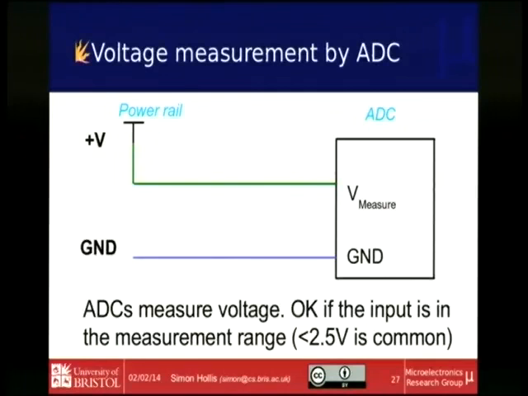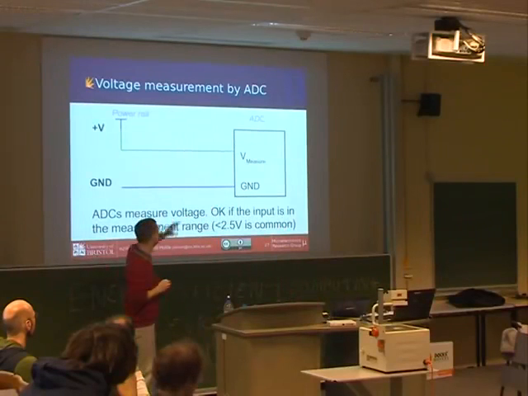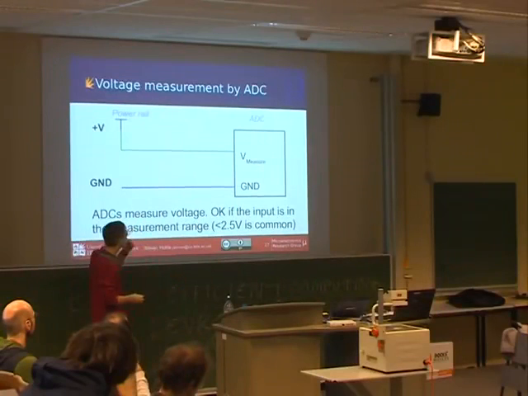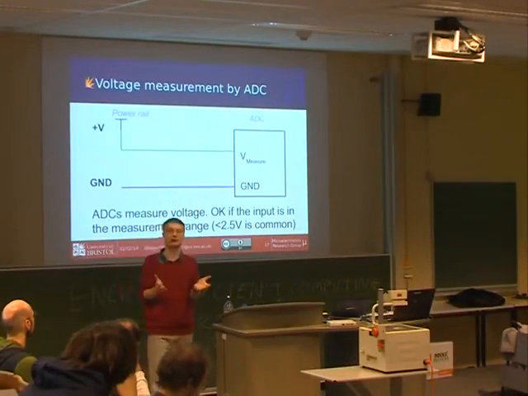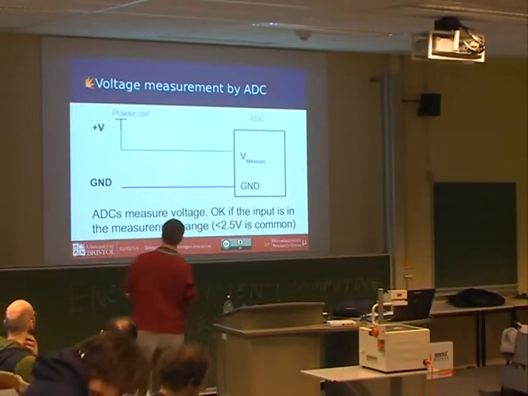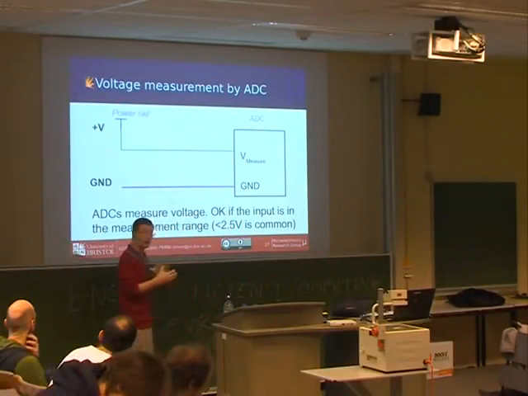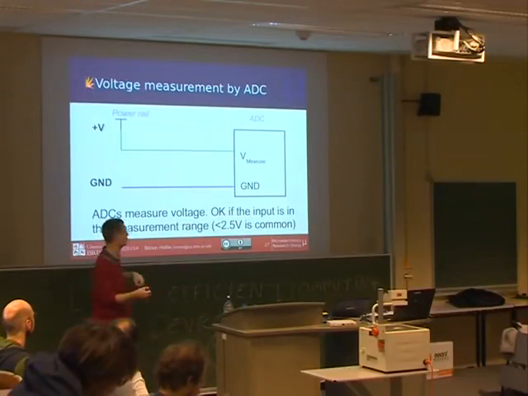You apply a voltage to an input of the ADC, give it a reference, ground, 0 volts, and it measures that voltage for you. And it gives you out a digital value, with some resolution, 12 bits is quite common. And there you have your number. You have now measured voltage, you've got a digital representation, you can store it in a file.